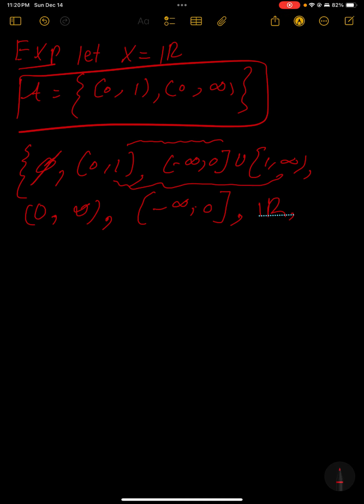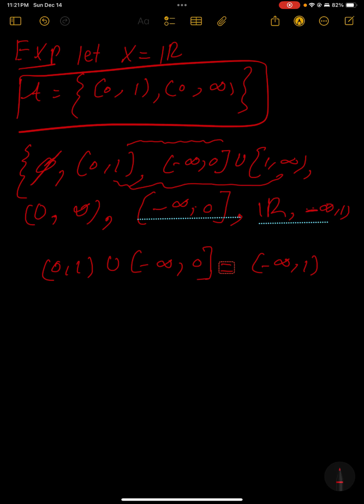Now what do you think about the union of (0,1) and (minus infinity, 0]? This union is nothing but (minus infinity, 1), so we are gonna include (minus infinity, 1) as well. Okay, that was the union of this thing.